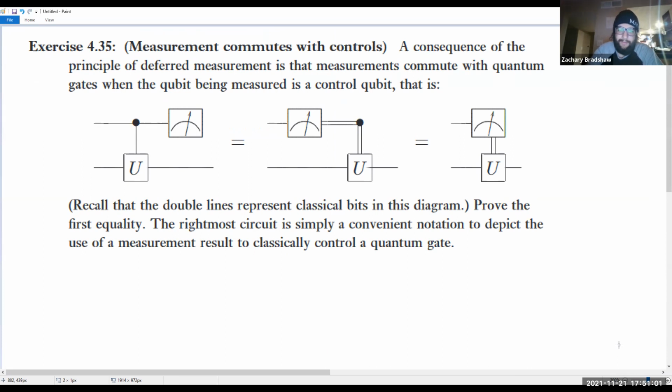So whenever you have a controlled-U and then a measurement on the control qubit, you can always move that measurement to be in front of the control. That's what we want to prove.